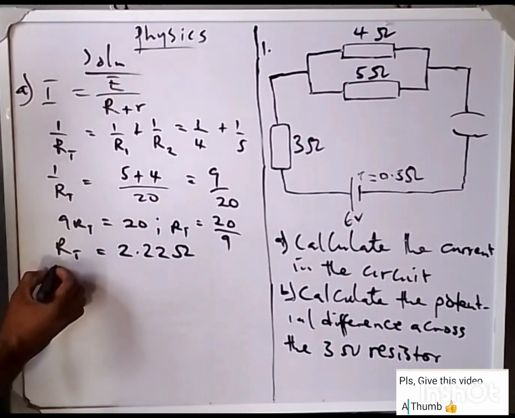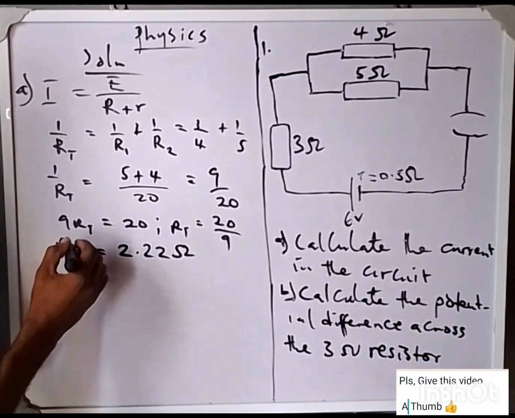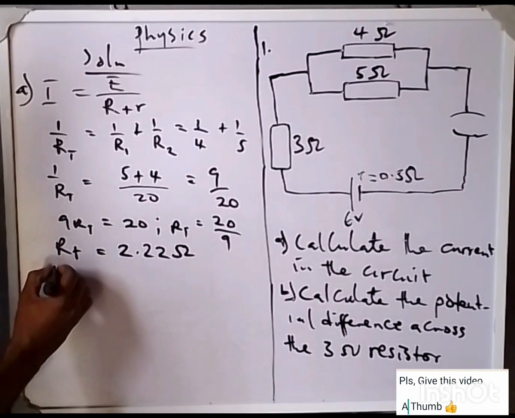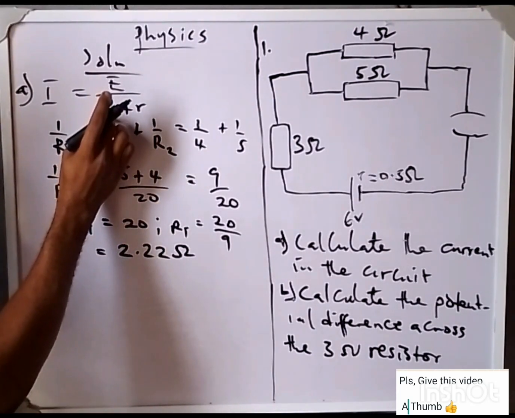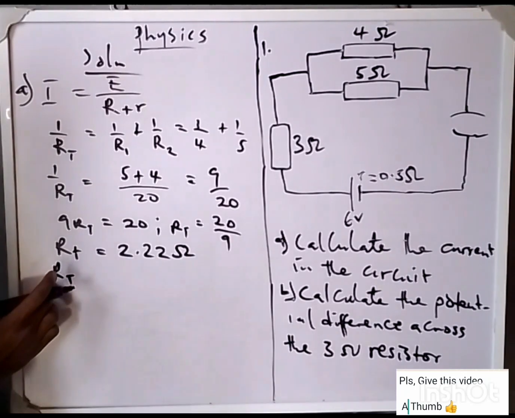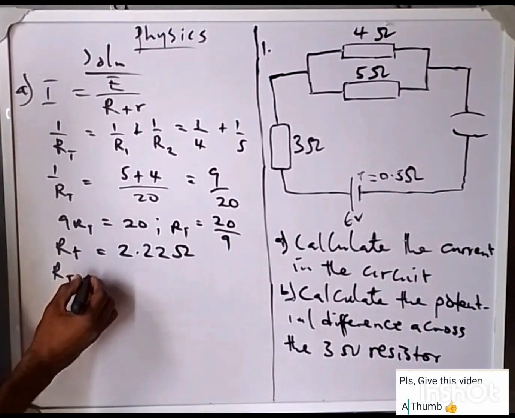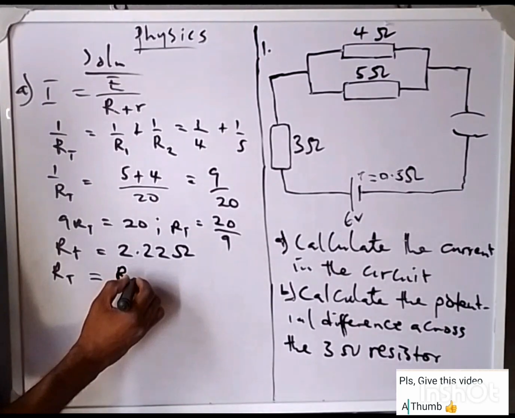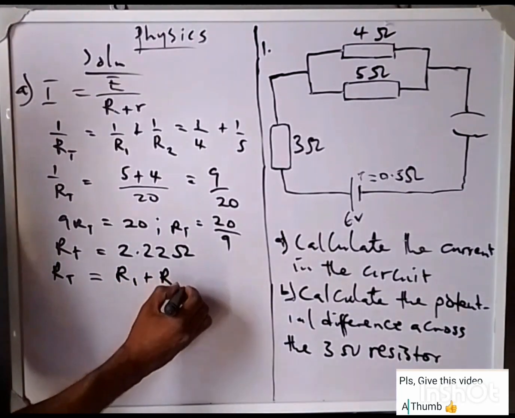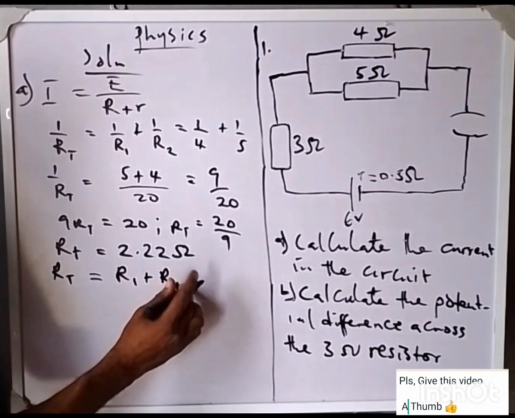So let me call this small rt. Then our RT, or this R here, which is the total resistance of the resistors, must be equal to R1 plus small rt. Take note of this.